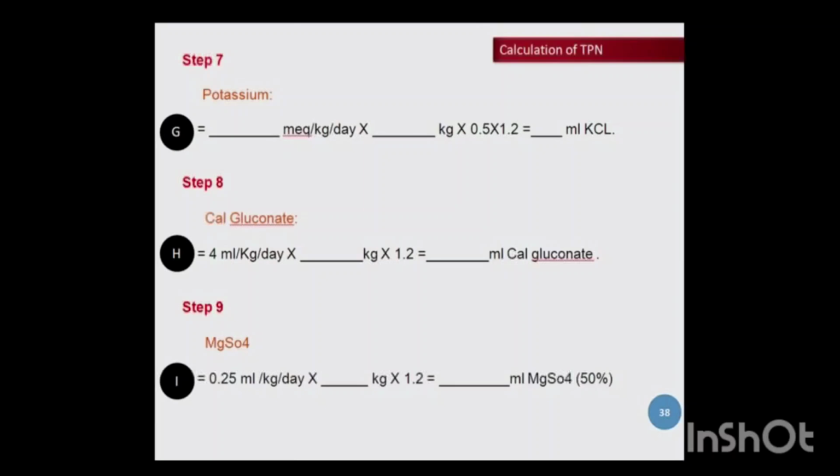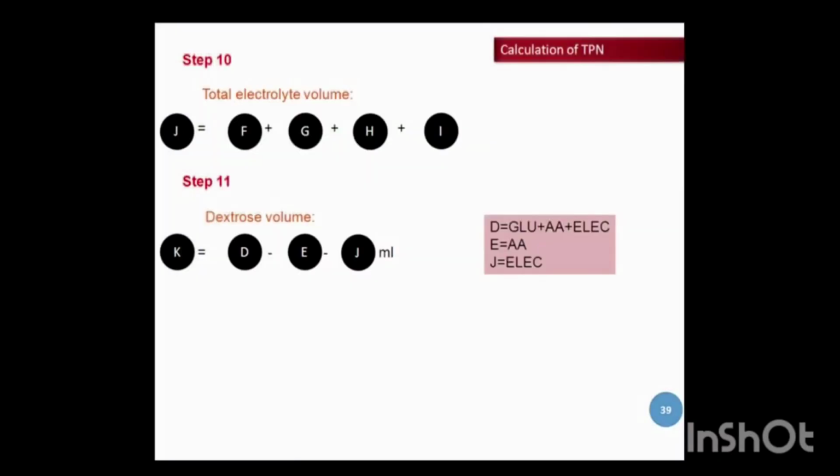For step number 9, we will calculate the amount of magnesium sulfate. Magnesium sulfate, that is 50% magnesium sulfate, is generally used at the dose of 0.25 ml per kg per day. Remember to calculate the volumes of each of these electrolytes by multiplying each of them by 1.2, which is the wastage factor.